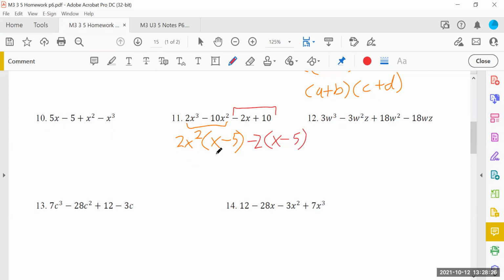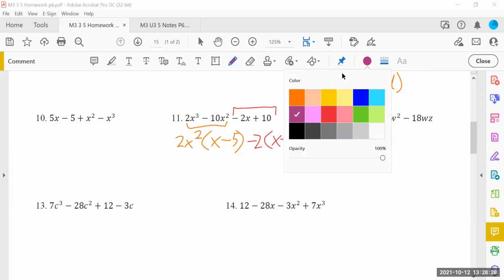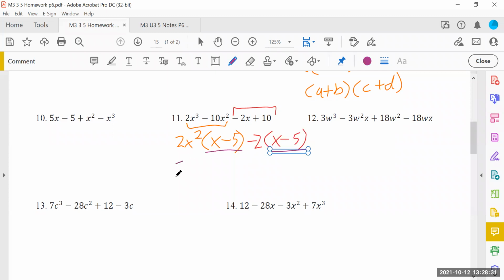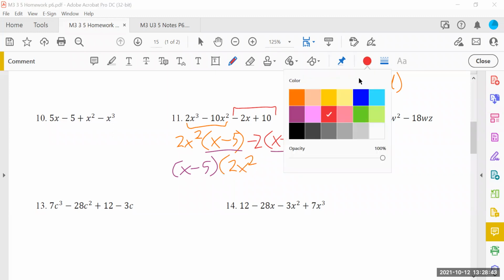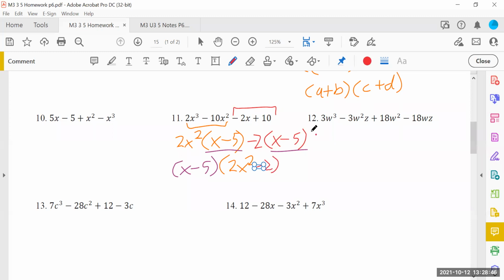That way they match. Take the x minus 5s out. X minus 5, leaving us with 2x squared minus 2. Am I done? What else can we factor out? 2 right there. Let's take those 2s out. So right here, 2 comes out in front of everything.